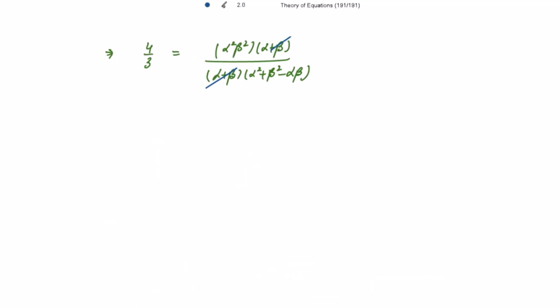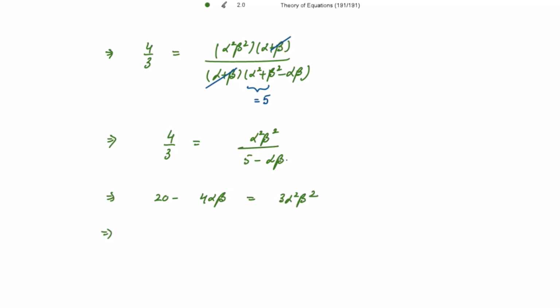And again using the first condition, it is given that alpha square plus beta square is equal to 5. So 4 divided by 3 is equal to alpha square beta square divided by 5 minus alpha beta. Cross multiplying, we are getting 20 minus 4 alpha beta is equal to 3 alpha square beta square.